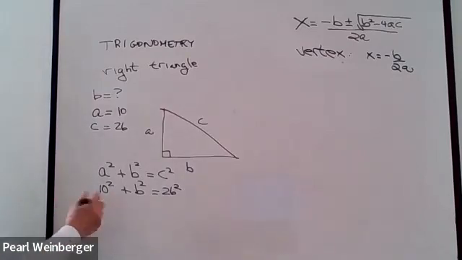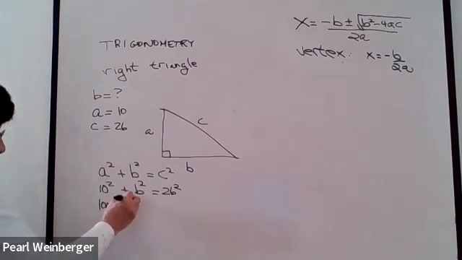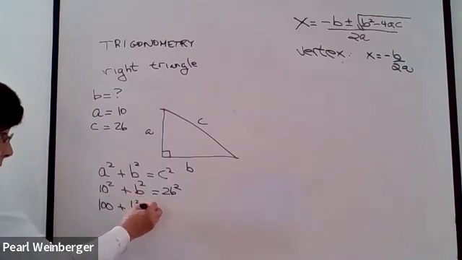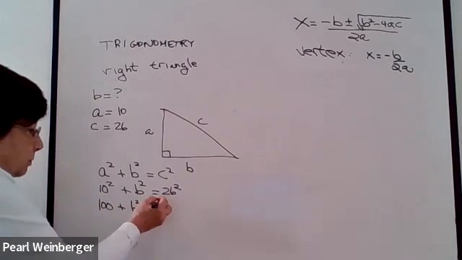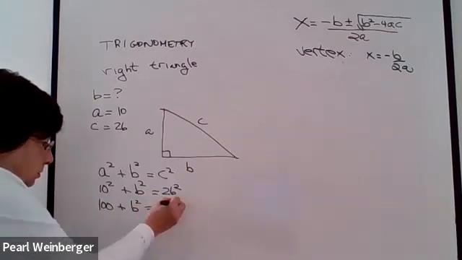First I do 10 squared. Well, that's easy. 10 squared is 10 times 10, that's 100, plus B squared. Now I could do 26 squared, and that comes out to be 676.